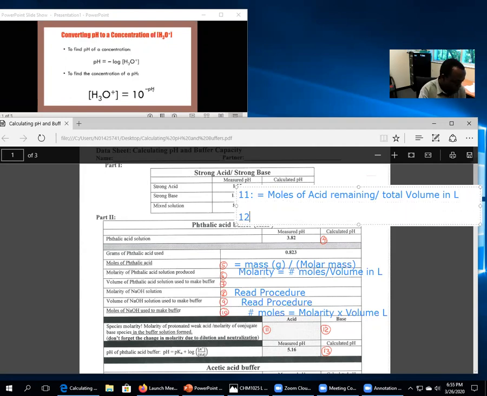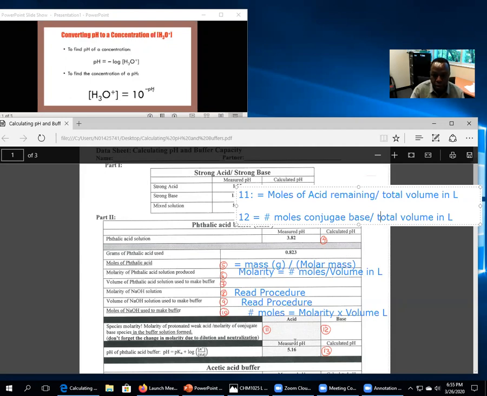For lines 11 or 12, it is the number of moles of the conjugate base divided by the total volume in liters. So this should be a lowercase V, and this one should be just T, total volume in liters. Here, for species molarity, remember the number of moles of NaOH added will convert half the number of moles of the acid you started with.